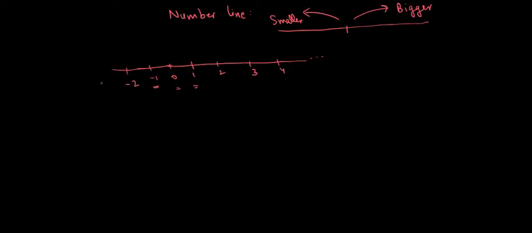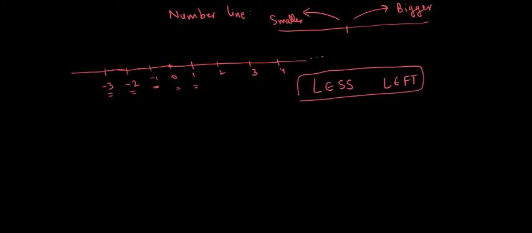Notice that the numbers are getting bigger. -1 is more than -2 and 0 is more than -1. And if I move to my left, I get to -3, which is in fact less than -2. You get the idea. If you're looking for numbers that are less than a particular number, move left on the number line. That's how I remember.